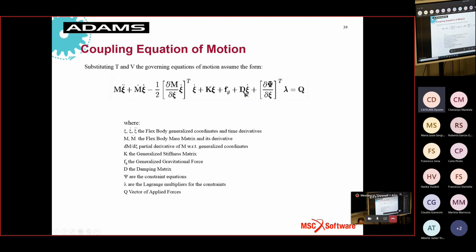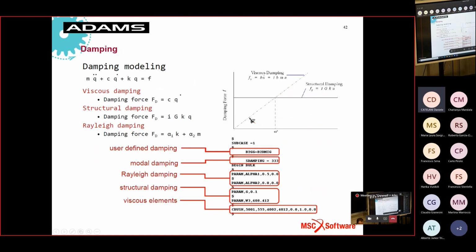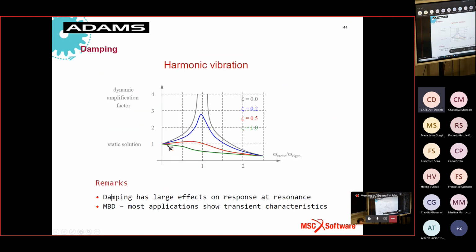The damping affects the damping matrix. Which is the effect of the damping? You can have no damping, resonance. You can have a low level of damping. You can have a very high level of damping or critical level of damping, overdamped results.